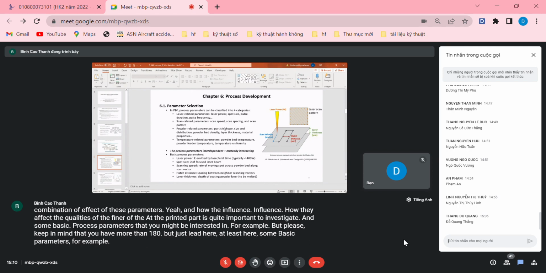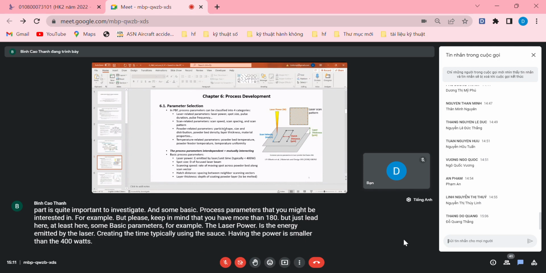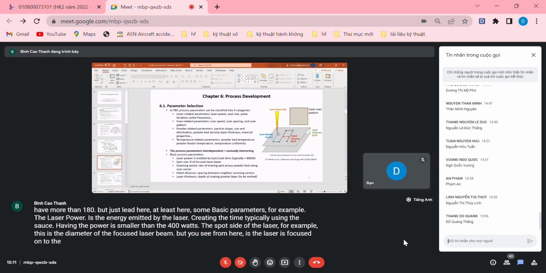For example, the laser power is the energy emitted by the laser per unit time, typically using a source having power smaller than 400 watts. The spot size of the laser is the diameter of the focused laser beam. You can see from here the laser is focused onto the materials.